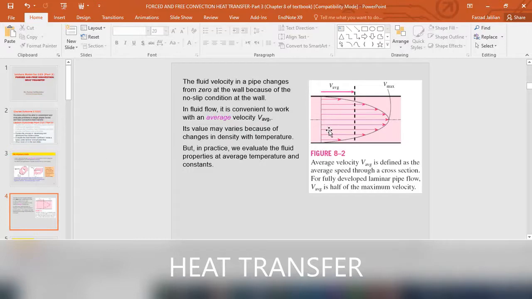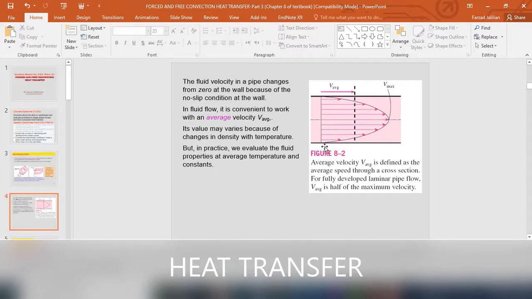Okay. Here in this figure, you can see an example of a flow inside a pipe. First, we should know how the velocity of a fluid flows inside a pipe or duct. Here you can see a fluid flowing inside the pipe, and here you can see the vectors of its velocity.